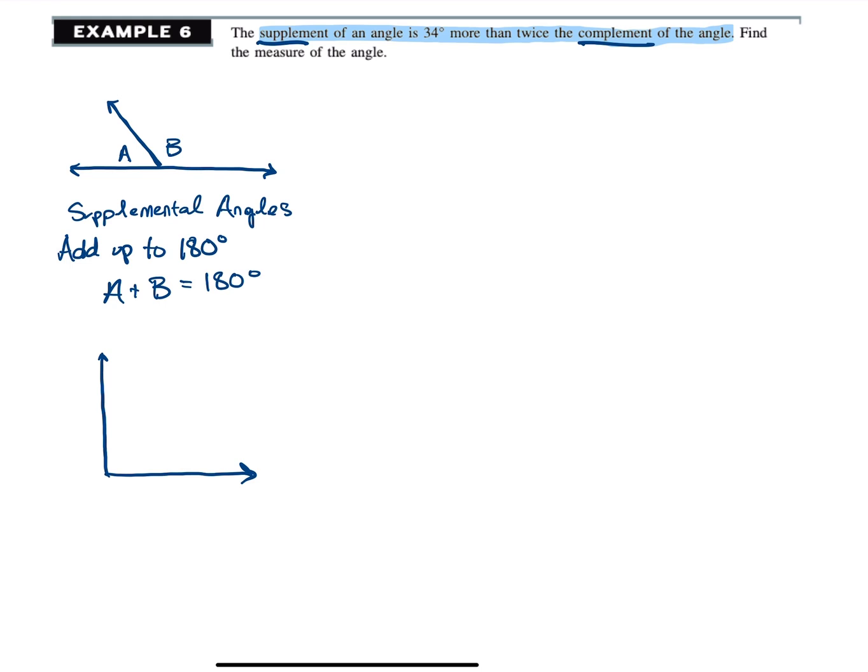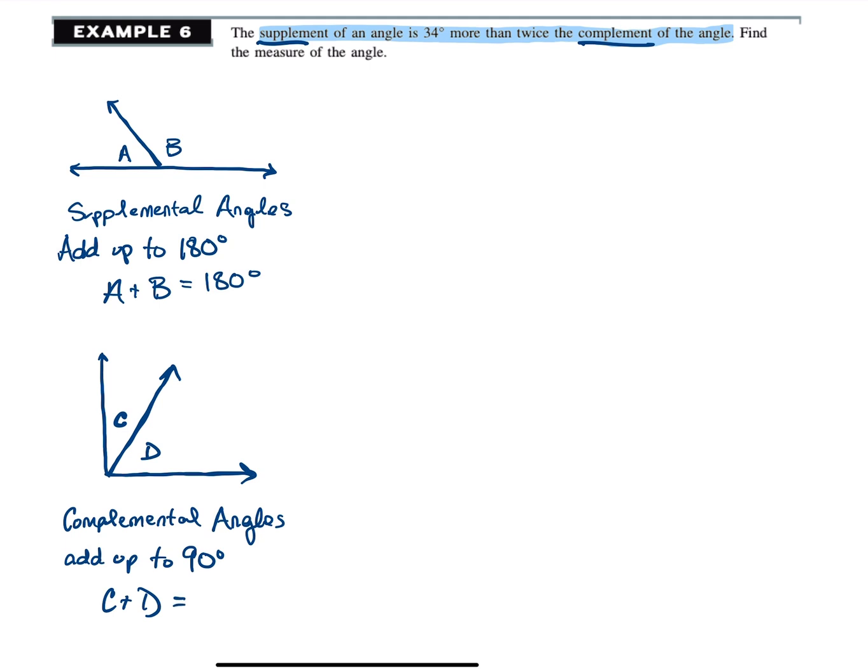So this is 90 degrees, and then something splits in between. And let's call this angle C and this angle D. So complements add up to 90 degrees. Let's say complemental angles add up to 90 degrees. Or C plus D equals 90.